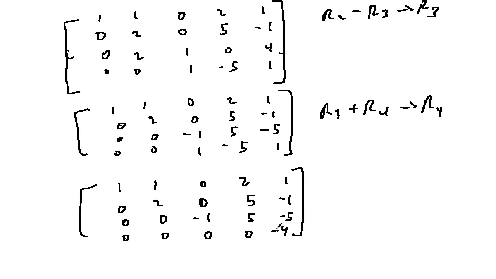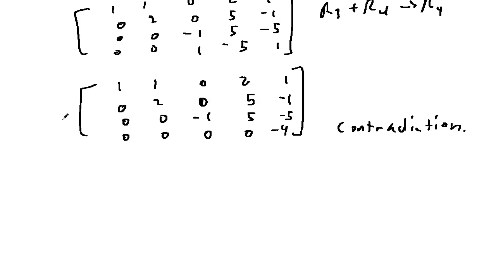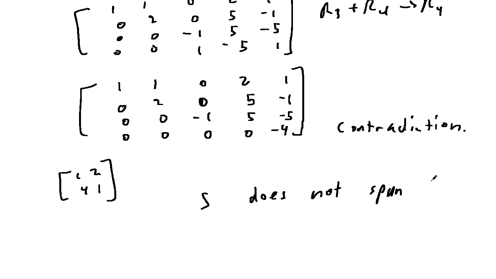Okay, notice that in this last row we have 0 equals -4, which is a contradiction. Okay, so the system has no solution, and therefore our matrix 1, 2, 4, 1 cannot be written as a linear combination of the matrices in S. So S does not span M sub 2, 2.